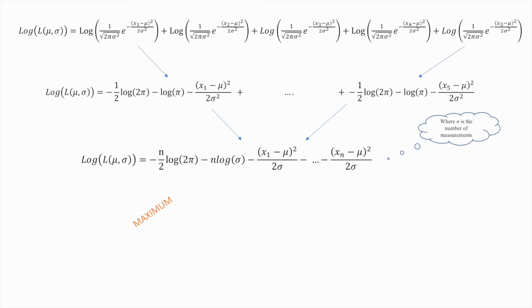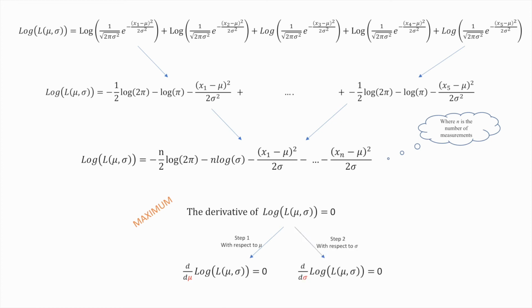We need to find the maximum of the logs, so we need to find the derivative at 0. But in this case, we have two parameters, so this has to be done over 2 steps. The first step is to do the derivative with respect to mu to find the optimal value of mu. The second step is to do the same thing with respect to sigma to find the optimal value of sigma.